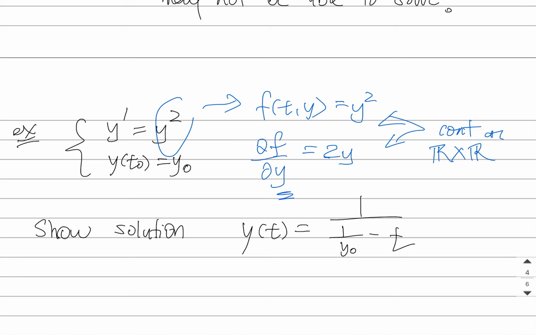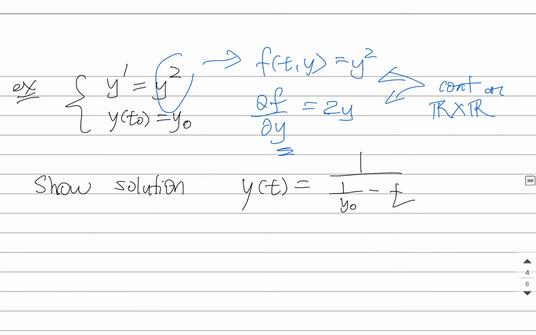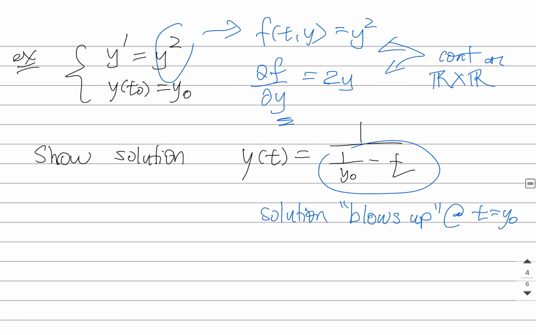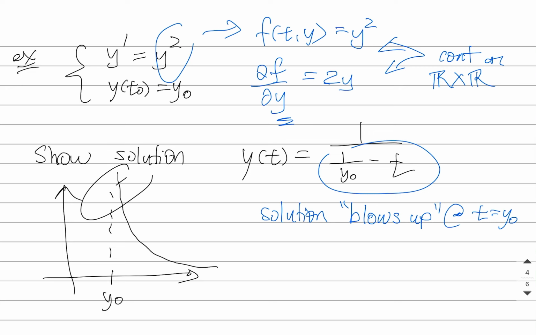This is strange. There are some problems. Right here, the solution, we'll say, blows up at time equals y0. The solution doesn't exist. If I were to plot this function for various values of y0, what I'm going to find is that there's a big vertical asymptote.